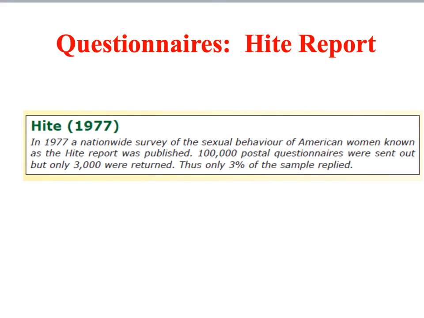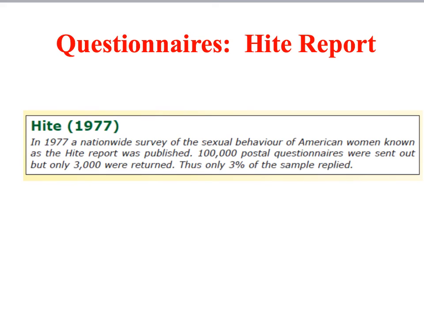For example, the famous Hite report into the sexual behaviour of American women was sent out to 100,000 people within America. However, one of the big problems with postal questionnaires is that you often get a very, very low response rate.